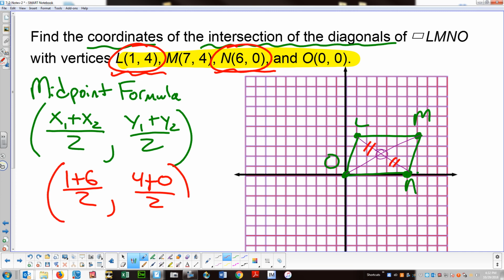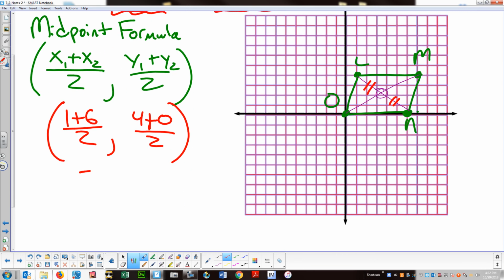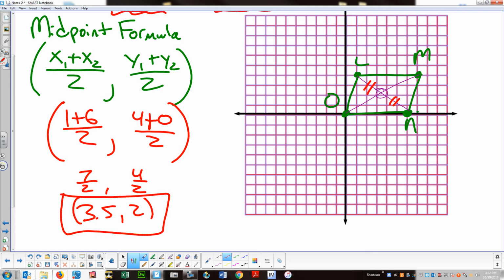Remember, average means add and divide by 2. So we get 7 halves and 4 halves, which is 3.5 and 2. So the coordinates of the intersection point here are 3.5, 2, because they bisect at their midpoint.